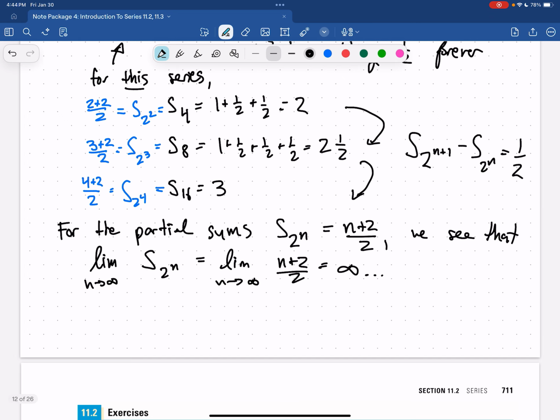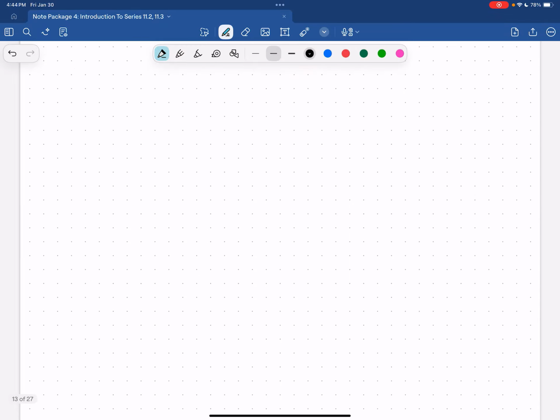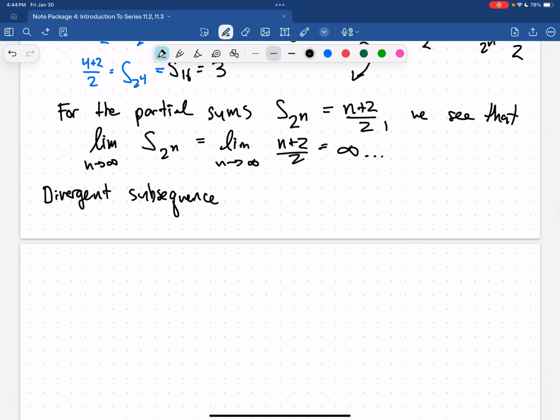So here we could say divergent subsequence, but you can just think of it as having a bunch of terms within your sequence that themselves form a divergent sequence, which means that the sequence of partial sums diverges.